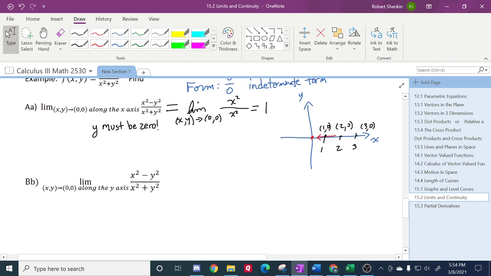All right, so let's do it again now down here. As (x, y) approaches (0, 0) along the y-axis, we have these values, which is maybe (0, 1), (0, 2), (0, 3), and what must be true here is that the x is equal to 0.